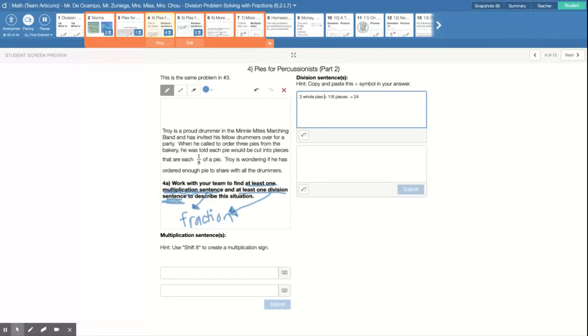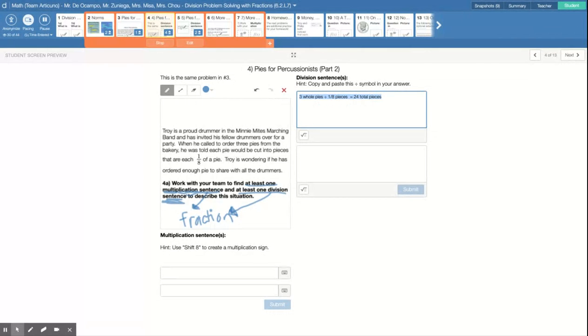We're taking the 3 whole pies, cutting them into 1/8 pieces, and after we split them into 1/8 pieces, we come up with 24 total pieces. This is just another box if you need it. But that is the answer right there.